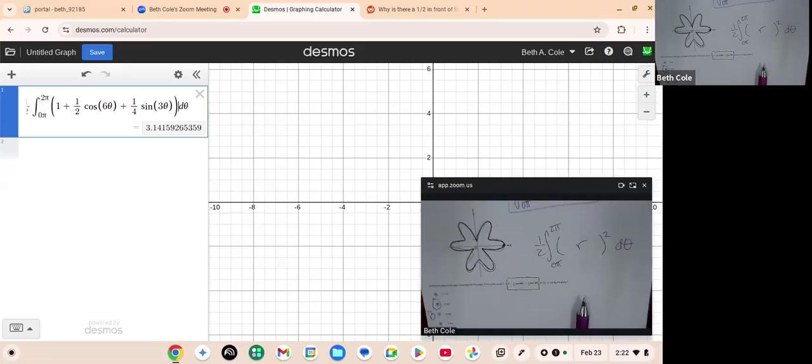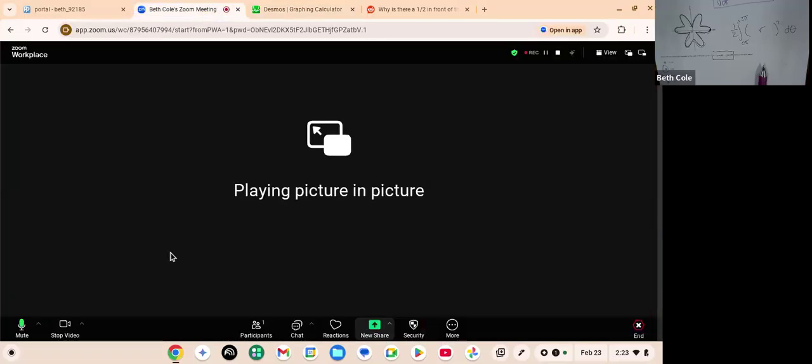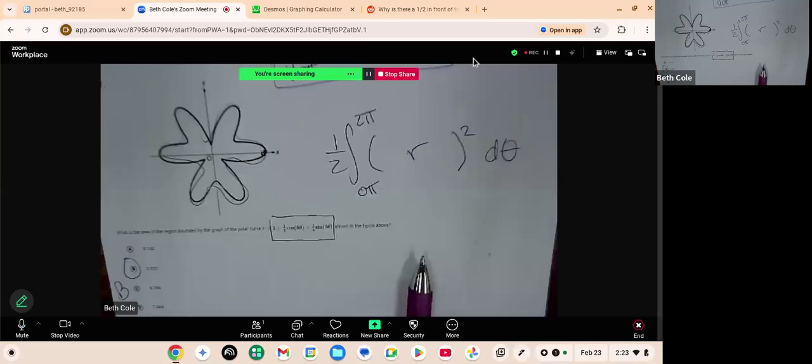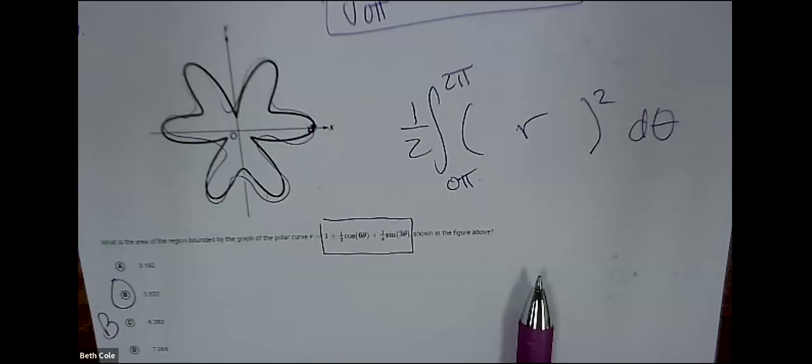Yeah, that's A. And then I think C might be if you remember the squared, but your boundaries are wrong. No, I don't remember what C is, but they're all very close to the right answer. If you just mess up one tiny little thing, it's not going to give it to you. That's what I'm trying to tell you. It's you and me against the AP exam, and I'm trying to prepare you for that.